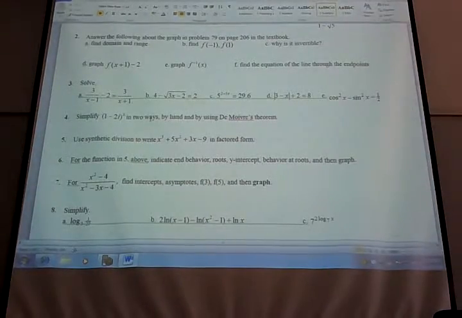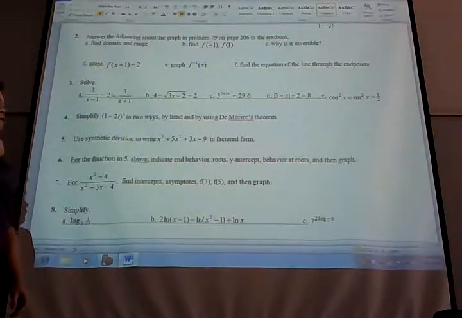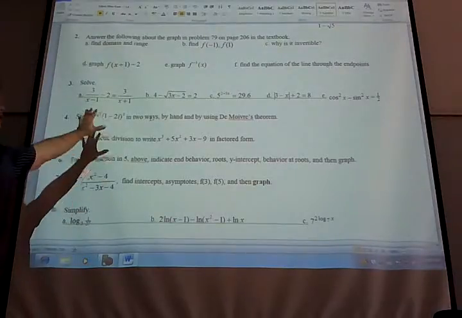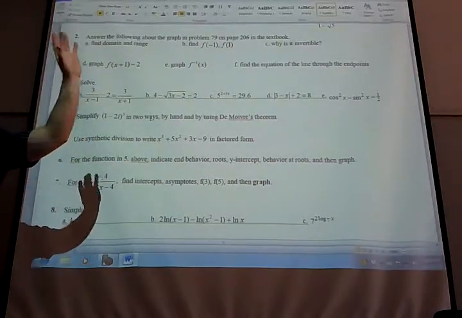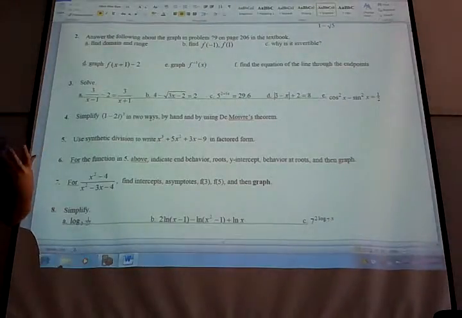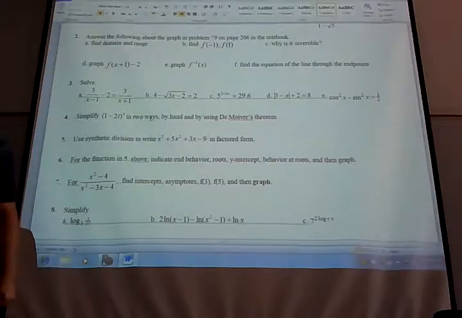So if I were you, at this point, I would focus on just those things that really give me the most trouble. So I would take this practice final, and I would be very honest with myself about which really gives me the most trouble, and what am I decent with already? And then I would go back to those sections and focus on those.